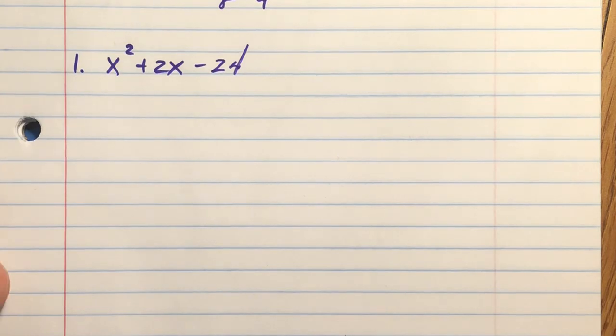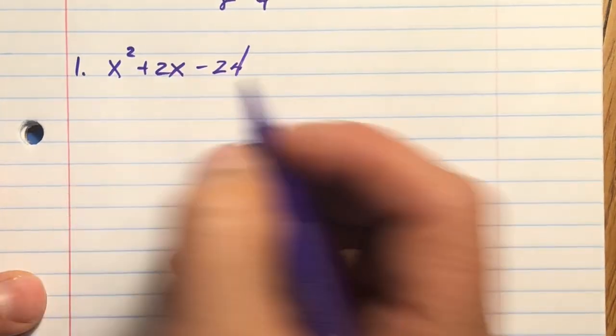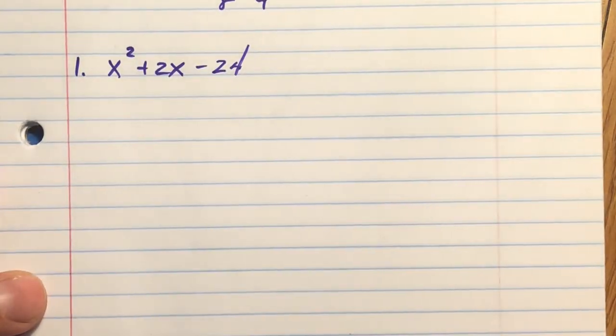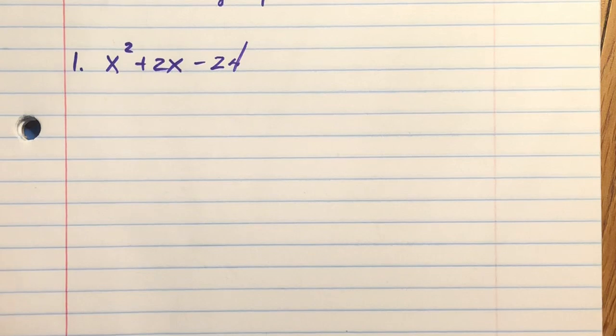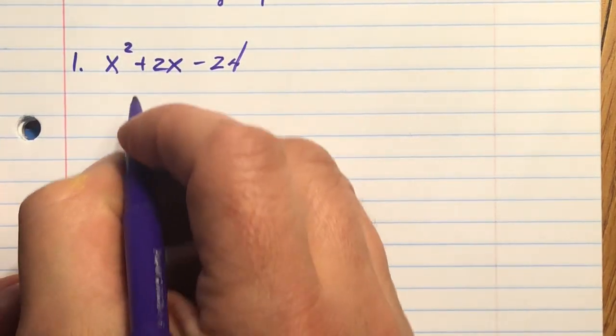Now, you have to keep in mind, you guys, that these signs make a big difference in the way that we factor these, okay? So you have to be careful with those. All right, I'm going to use both methods for this first one, and then I'll probably just end up using the X in the box for the other ones. If you like grouping, by all means, use the grouping method.